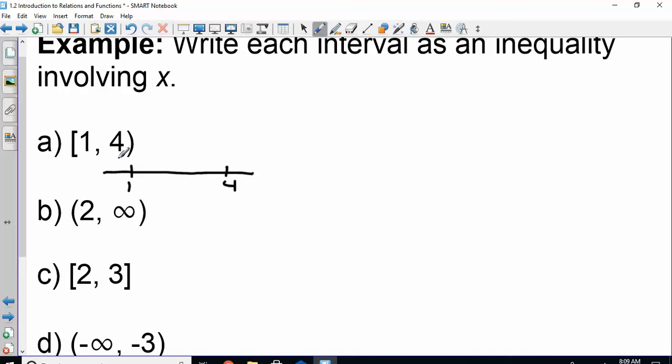Instead of open and closed circles, I'm going to do parentheses and brackets, just so I'm consistent. So it was a bracket at 1, parenthesis at 4. We're just talking about the things in between them. So how would you write that as an inequality? Less than or equal to x is less than 4.